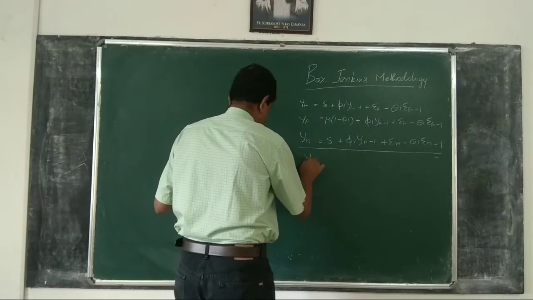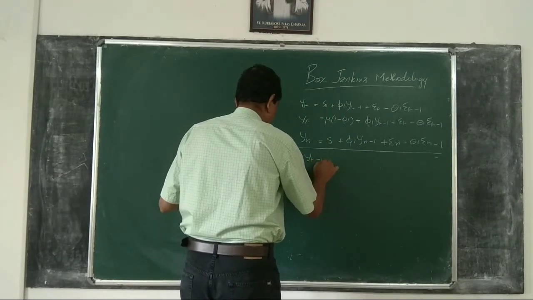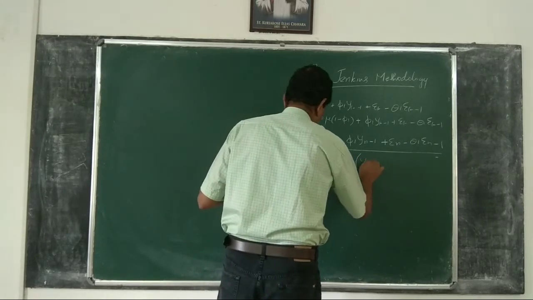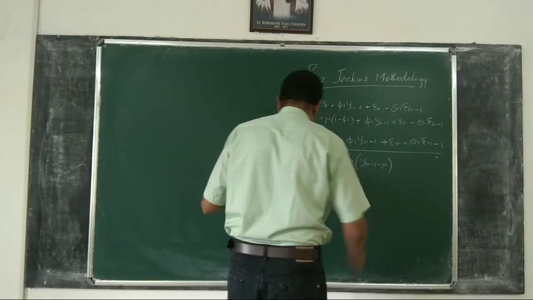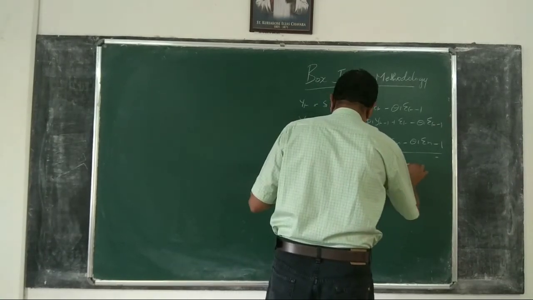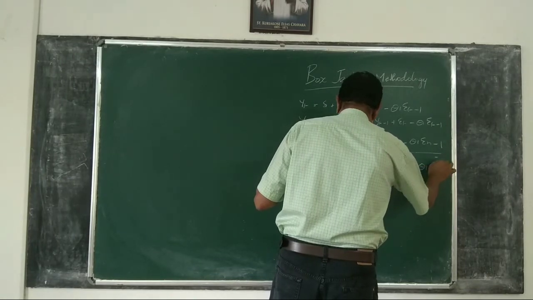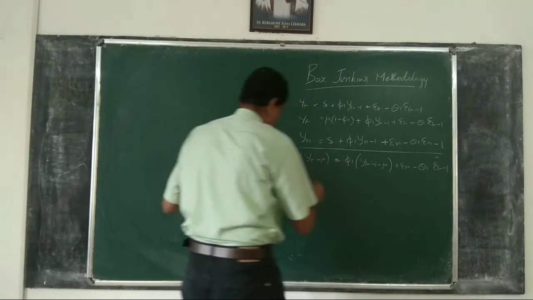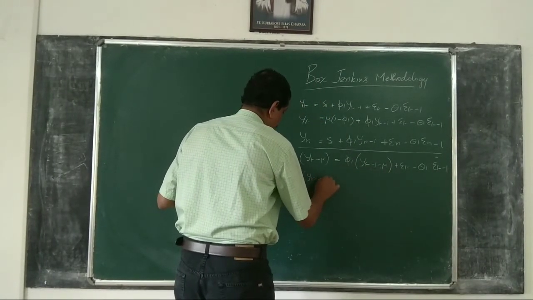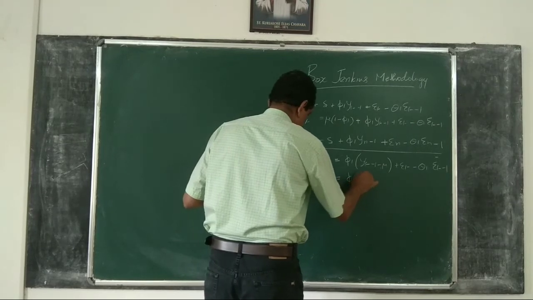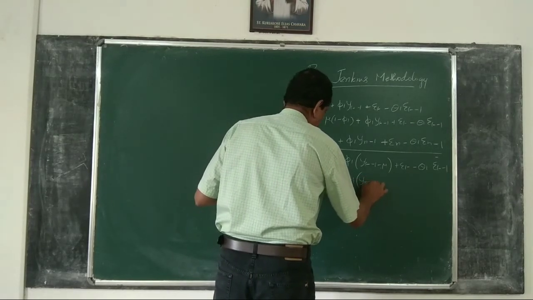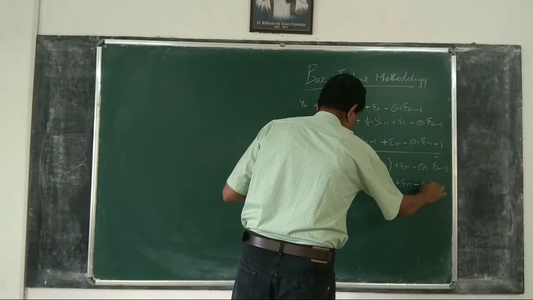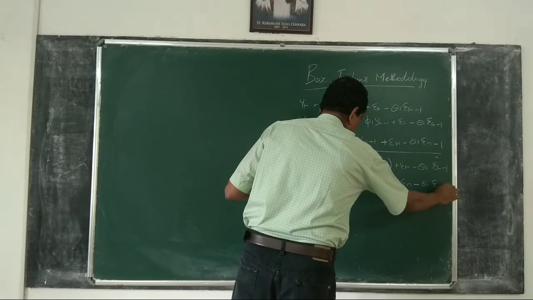Yt minus mu is equal to phi 1 into yt minus 1 minus mu, something we have already derived, plus epsilon t minus theta 1 epsilon t minus 1. And yn minus mu is equal to phi 1 into yn minus 1 minus mu plus epsilon n minus theta 1 epsilon n minus 1.